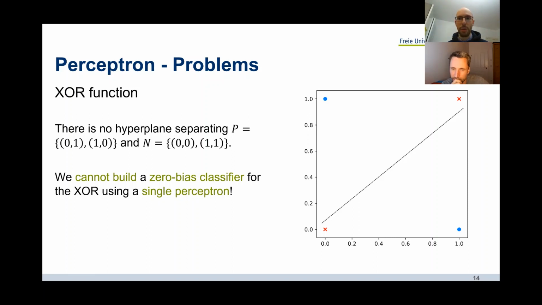In fact, this is not only a problem with the perceptron, but as an extension also a problem with logistic regression, because the only difference is that we are using a different activation function, so to say. So obviously this is a big problem that needs to be addressed.